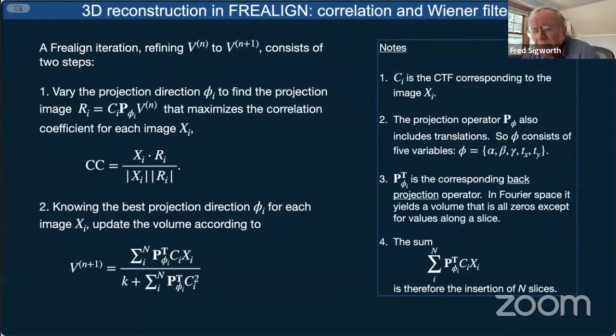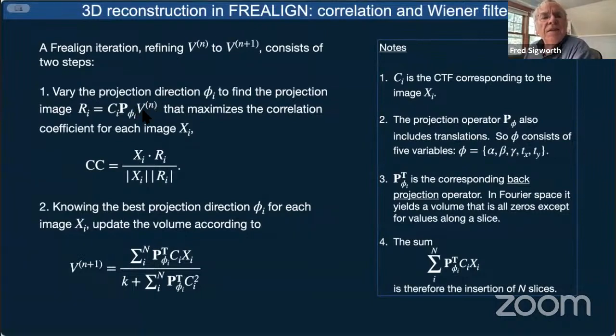Okay, so now we're ready to understand how a real reconstruction program works. This is FreeAlign. This is Nikolaus Grigorieff's original CTF compensated reconstruction algorithm. And the way it works is this: we start with some initial guess of the volume. I'm not going to tell you how we get that, but we start with an initial estimate of the volume because this algorithm only tunes up, only refines the volume estimate.